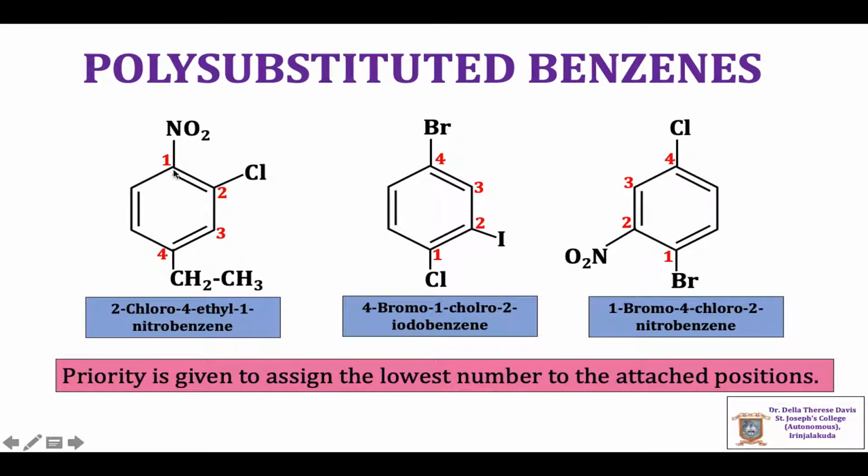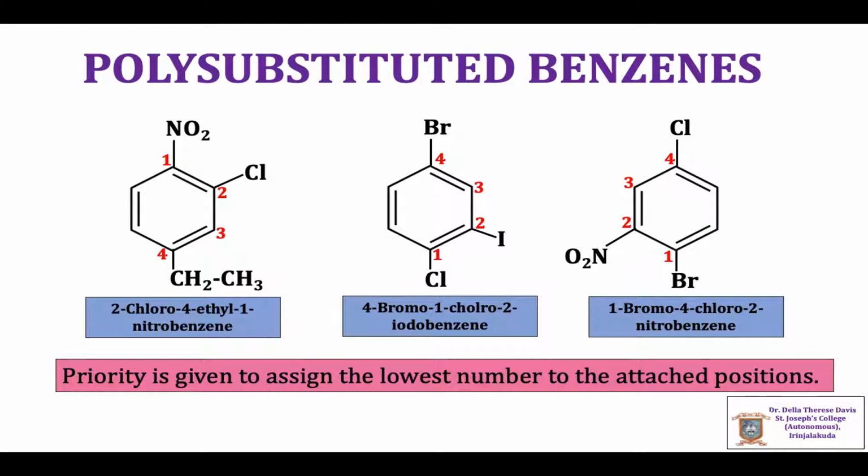If we take this example, there are three substituents, that is called polysubstituted benzene. One is NO2, second one is Cl, and the other one is ethyl. We should follow a numbering system in which all the substituents get the lowest possible numbers. So numbering is done in such a way that NO2 gets position 1, Cl gets position 2, and ethyl gets position 4.